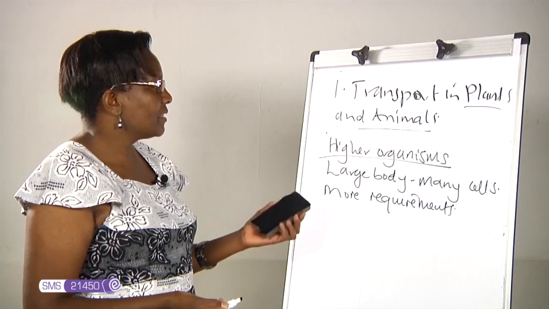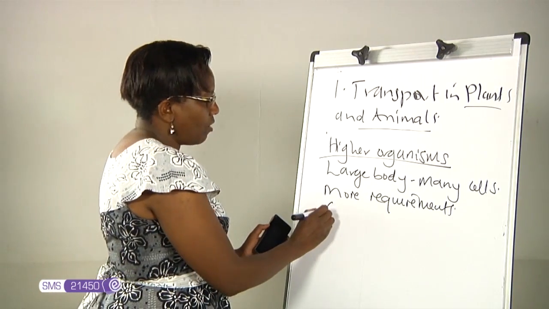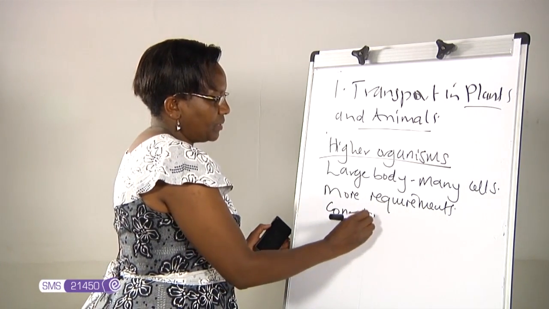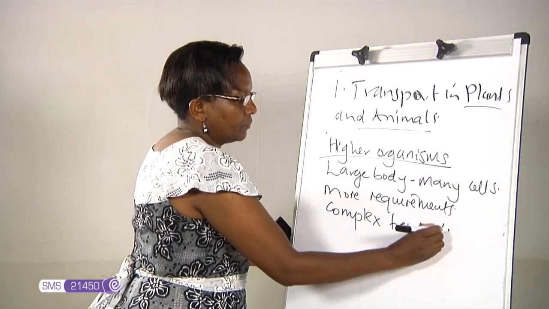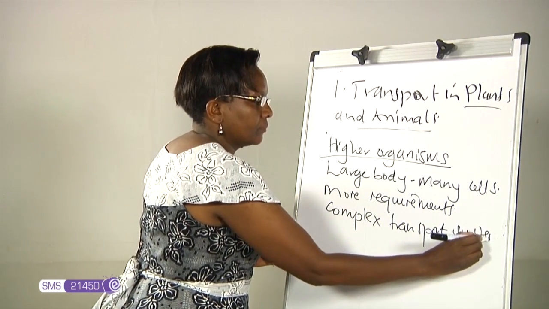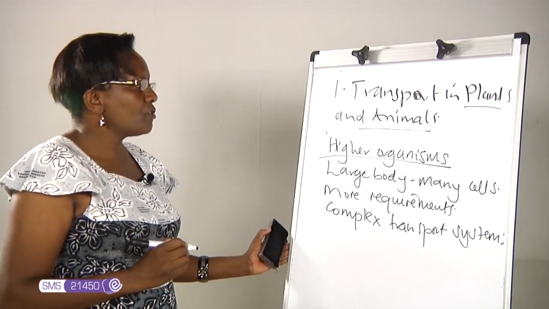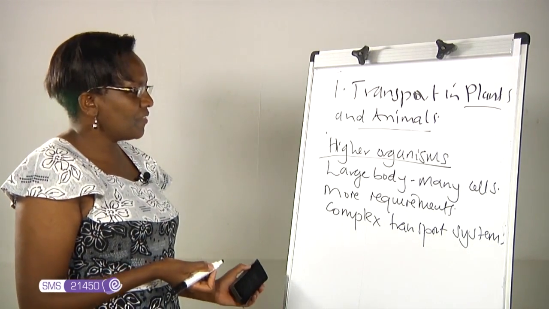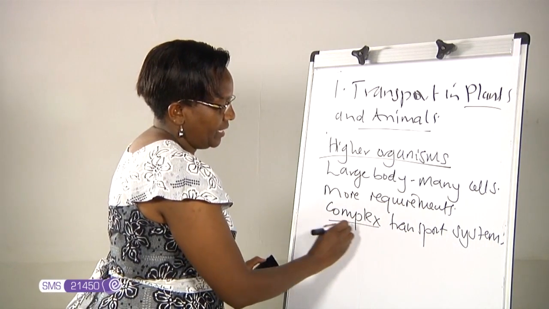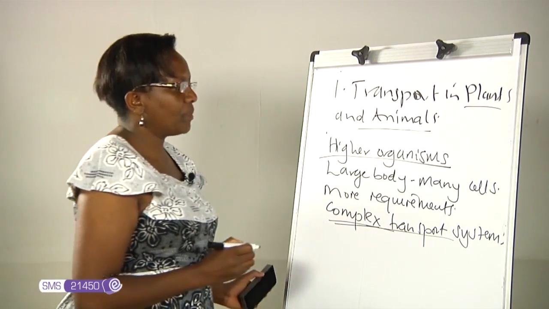And therefore, these higher organisms have a complex transport system. So they do not rely on diffusion alone. Diffusion cannot cater for their needs, and therefore they have a developed complex transport system.